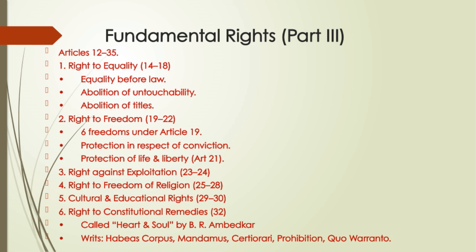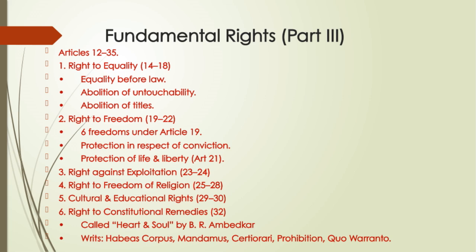It also includes protections against arbitrary conviction and safeguards for life and liberty under Article 21. Next, we have the right against exploitation in Articles 23 and 24, which prohibits human trafficking, forced labor, and child labor. Then, the right to freedom of religion, outlined in Articles 25 to 28, ensures individuals can freely practice, profess, and propagate their religion.